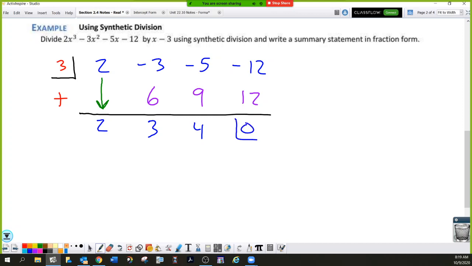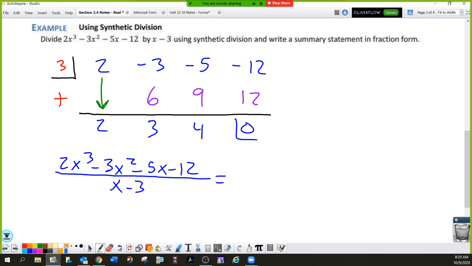So here's what we know. We know that x minus 3 is a factor of our f of x. So when you're going to write a fraction form result, you would write it like this. 2x to the third minus 3x squared minus 5x minus 12 divided by x minus 3 is equal to 2x to the second plus, because it's a positive 3, 3x plus 4.